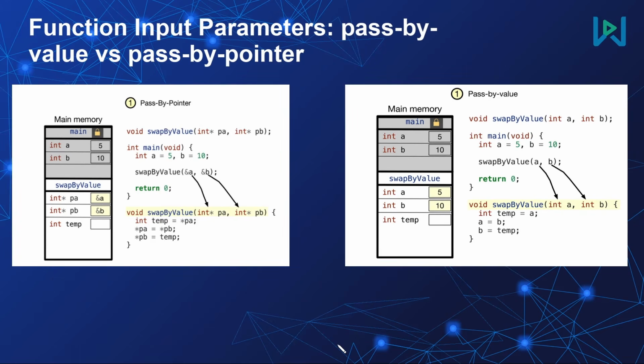The different input arguments or parameters to be provided to our C function can be passed either by value or pointer.